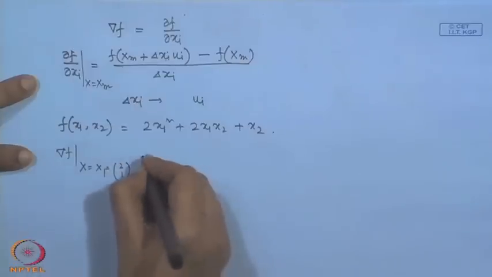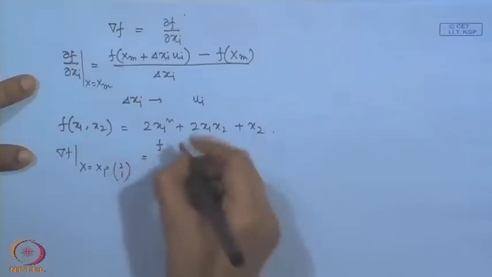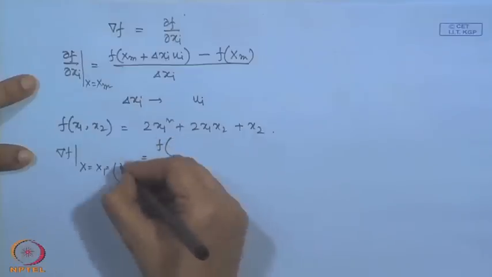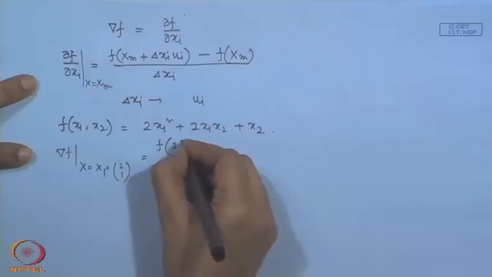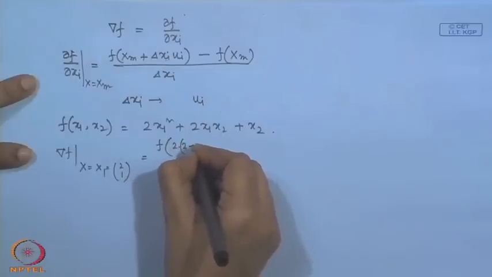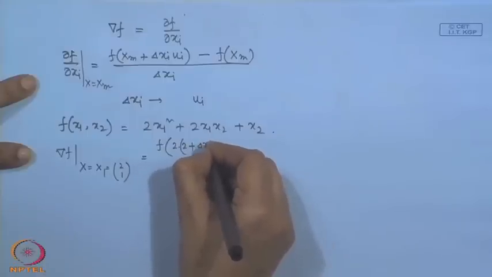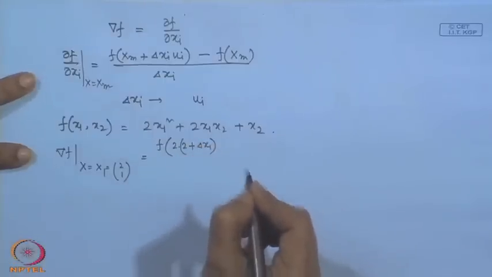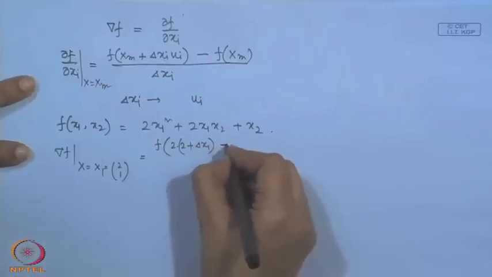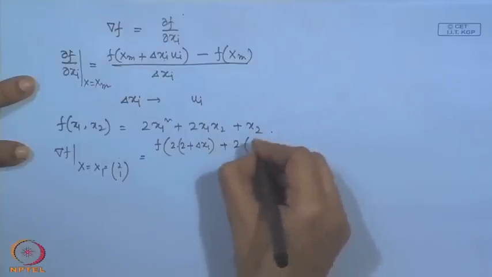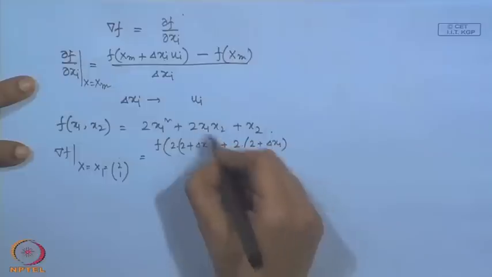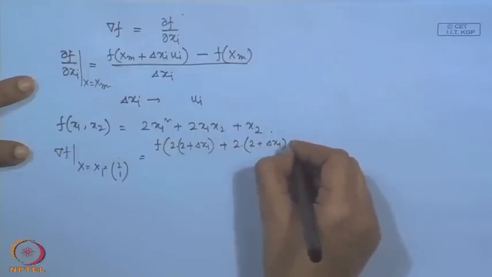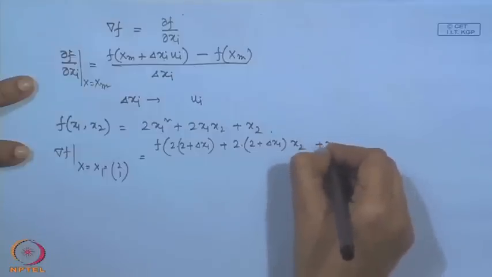Then we will take the functional value at this point: 2 into (2 plus delta x 1) square, some increment over x 1, plus 2 into (2 plus delta x 1) into x 2 plus x 2. Instead of 2, we are substituting 2 plus delta x 1.